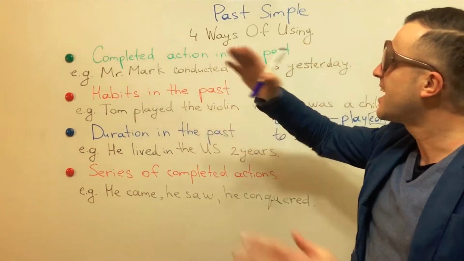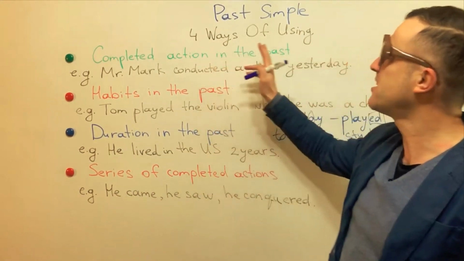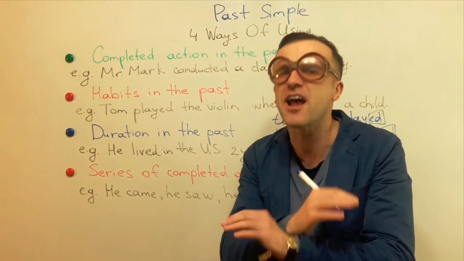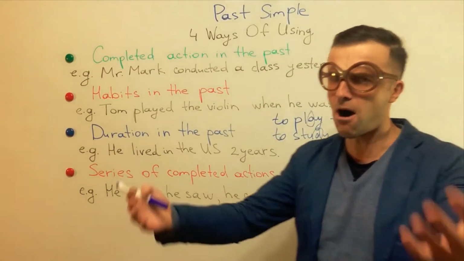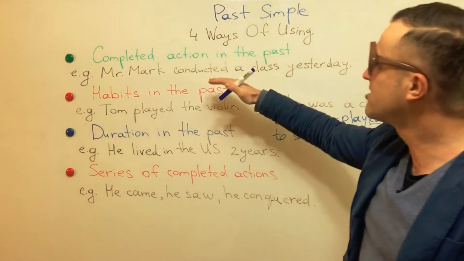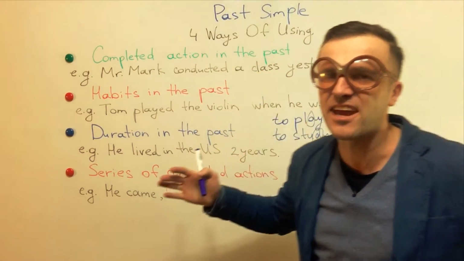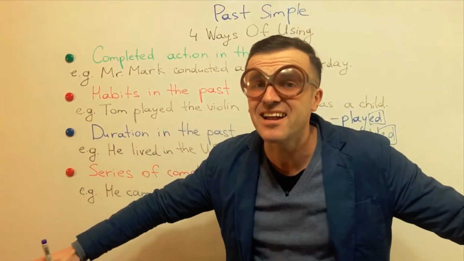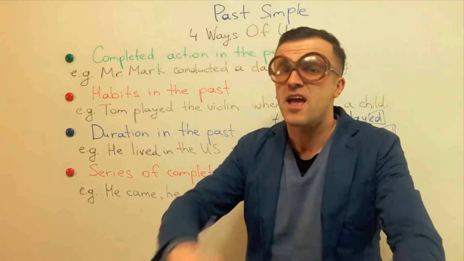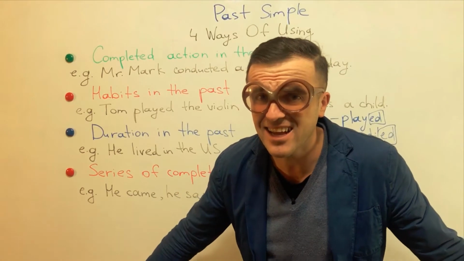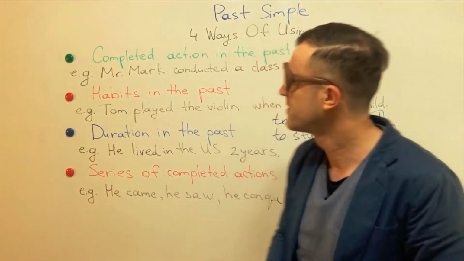So let's move on to the first way of using the past simple. It's a completed action in the past, or finished action in the past. For example, Mr. Moore, that's me, conducted a class yesterday. So it's done. I coped with my task, I finished it, I gave you a class, and that's it. Okay?